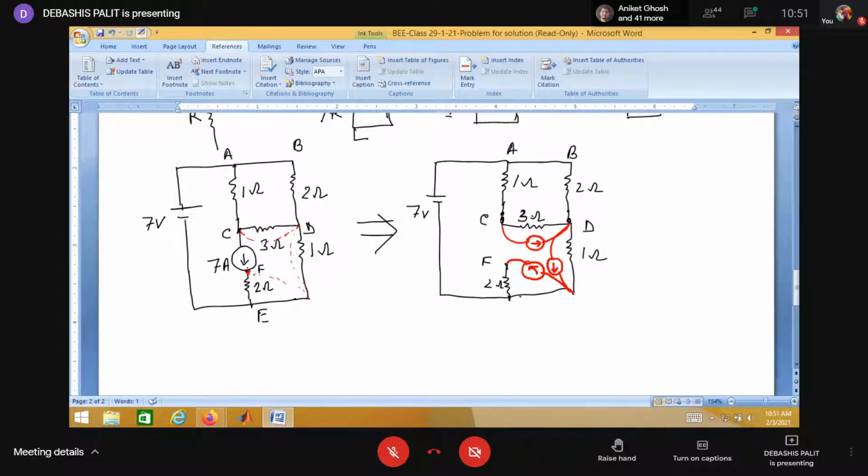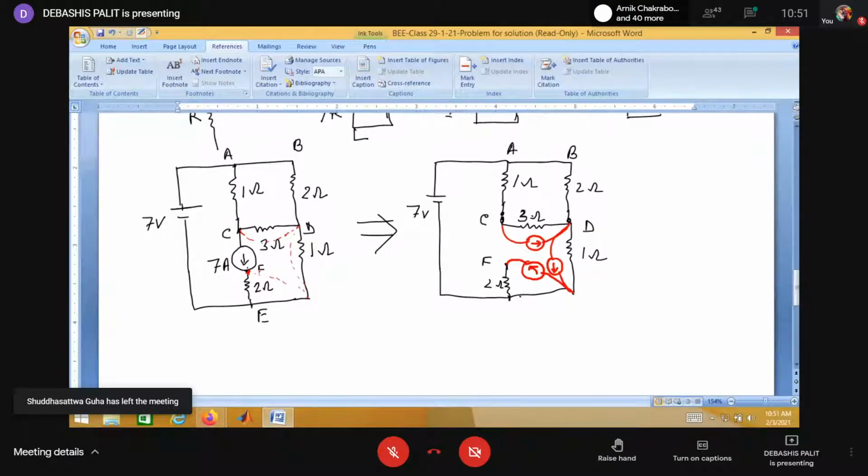Say you want to go from your Salt Lake campus to your main campus. There are different ways you can follow. So one way you can consider for your convenience. So I am conveniently converting the current driven from C point to F point in another way.